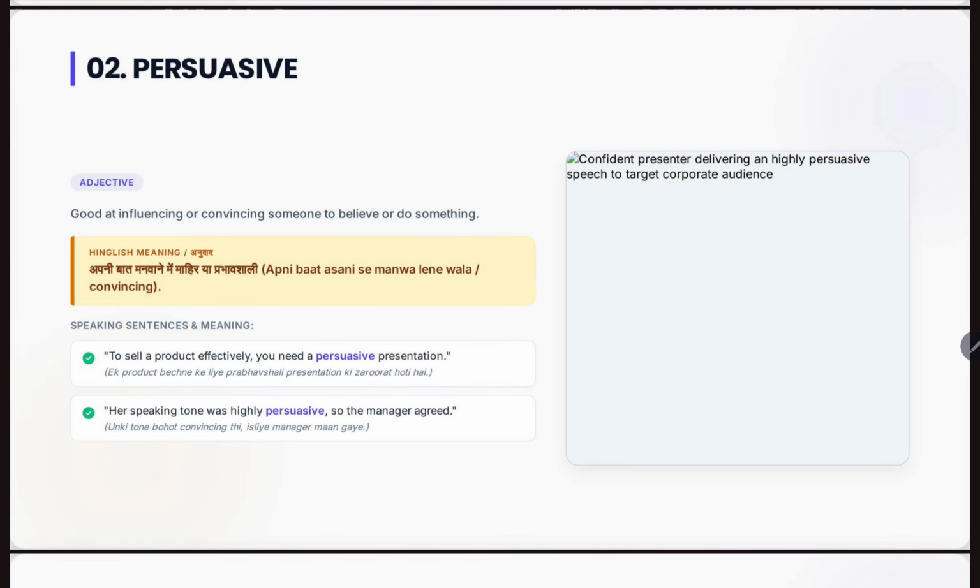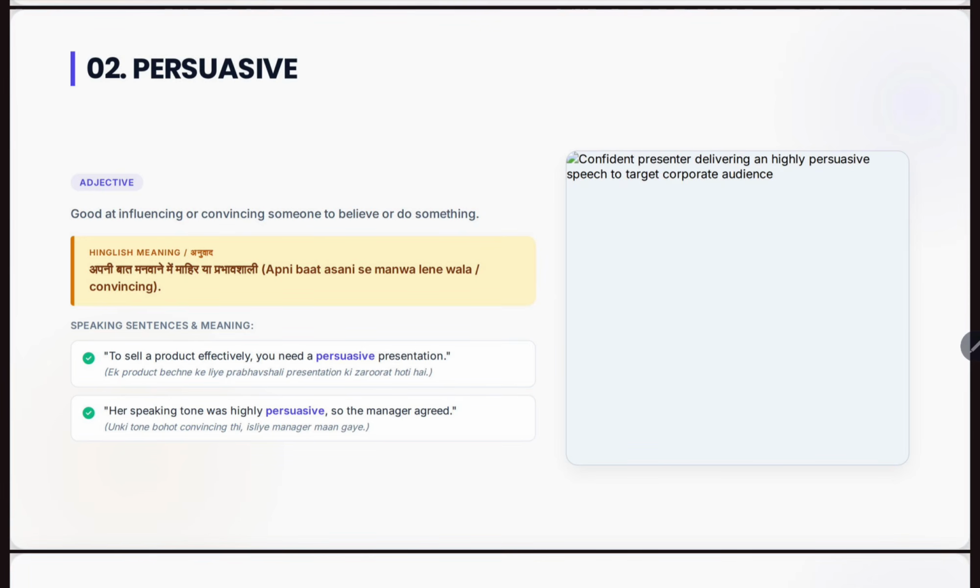You talk to your manager in a very persuasive way, and your manager agrees to give you leave. So this is the second example of this persuasive word. Definitely we will use this word in our common language. We will practice more sentences.